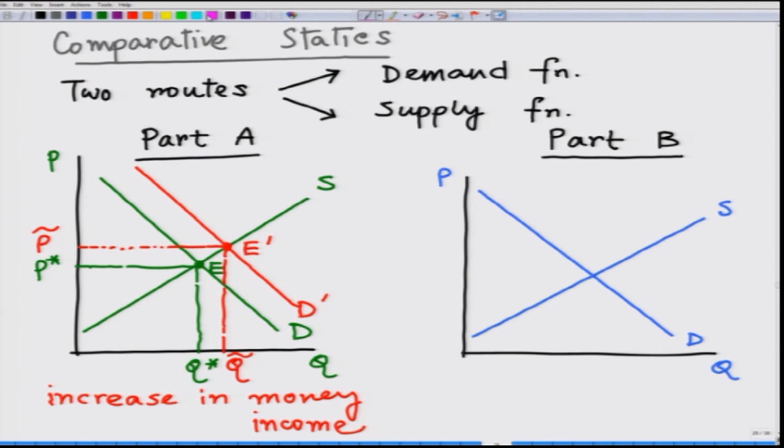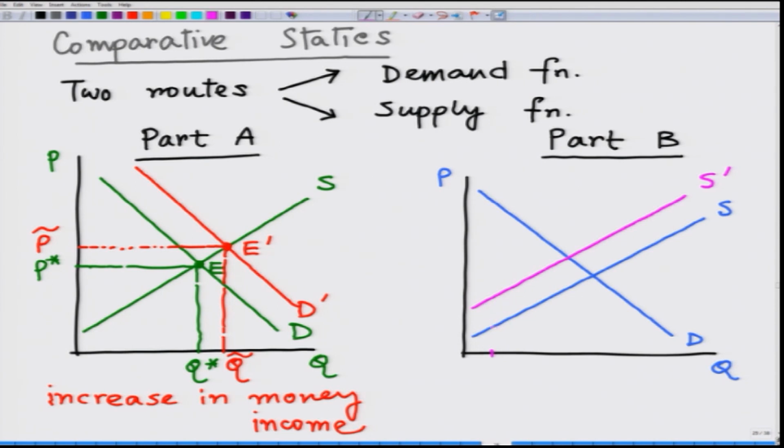If that is the case, then to produce each unit of quantity, the producer, the seller, has to incur a higher level of cost. So, in that case the supply curve will move upward, whether parallelly or not is a different issue, but it will move upward. At every level of quantity being produced, the cost of production is higher.